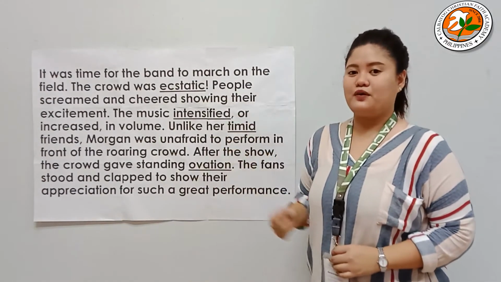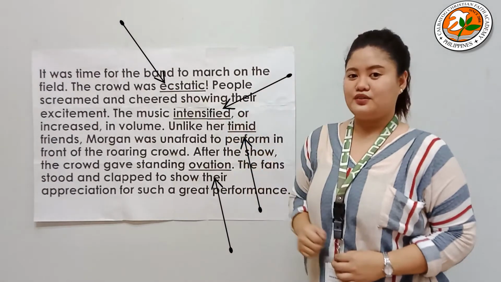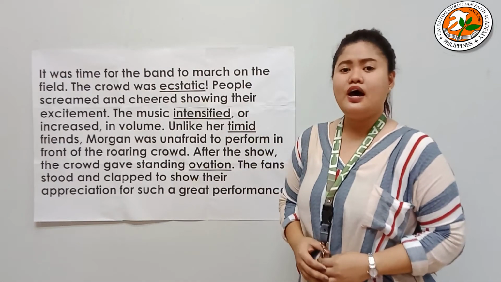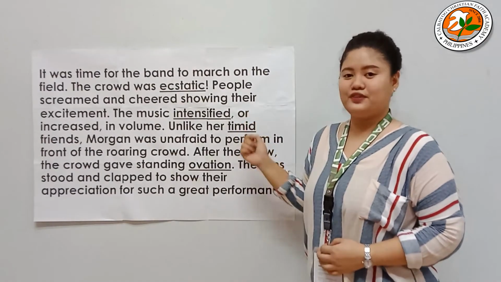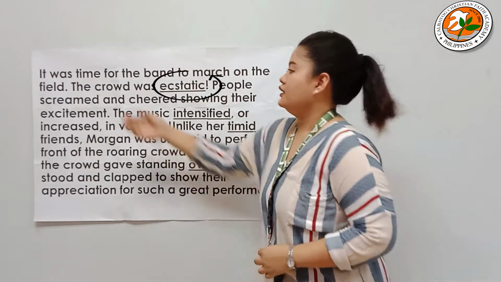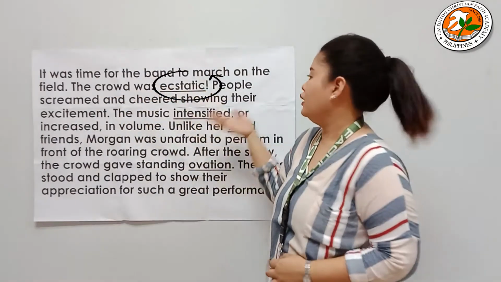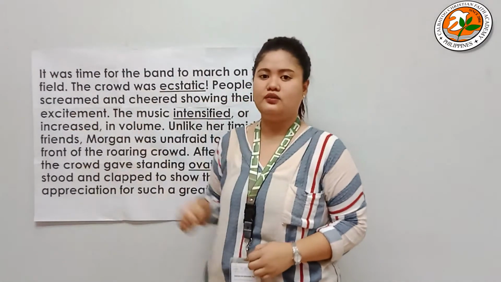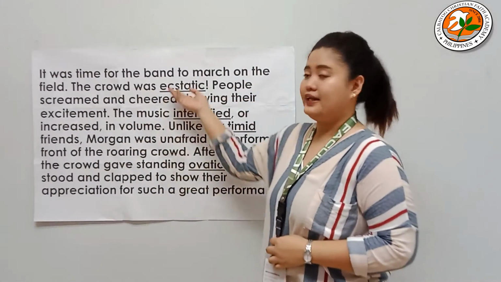As you can observe, there are underlined words. Those words are actually unfamiliar to you. Now let us unlock the definition of those words. So let's take the first one. The crowd was ecstatic. People screamed and cheered, showing their excitement. So what do we mean by ecstatic?